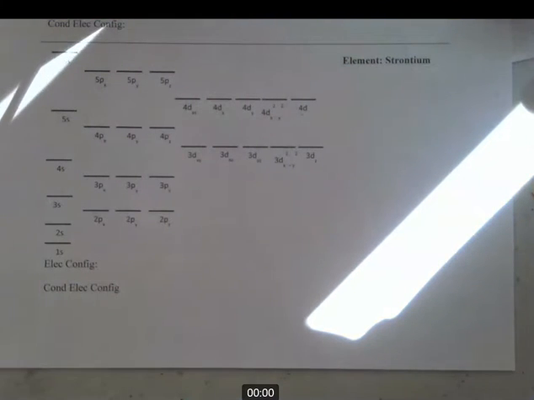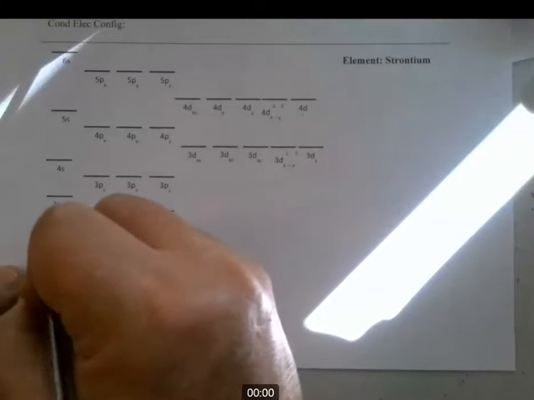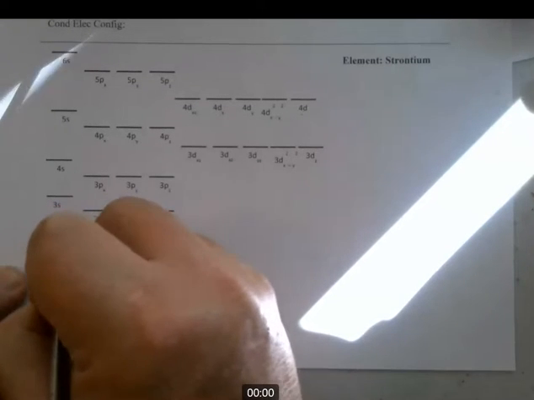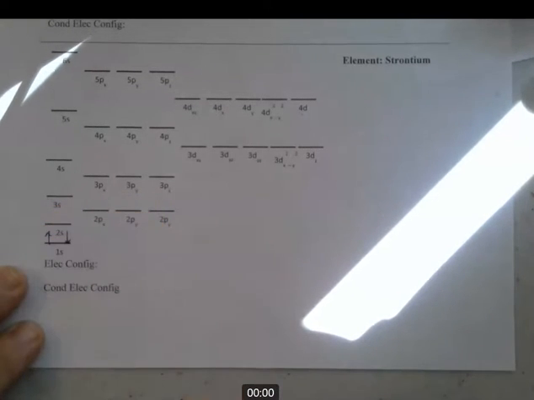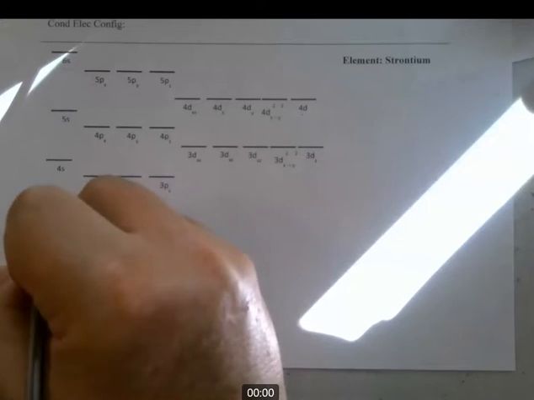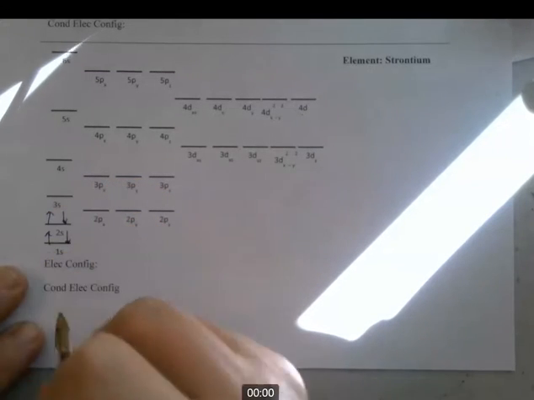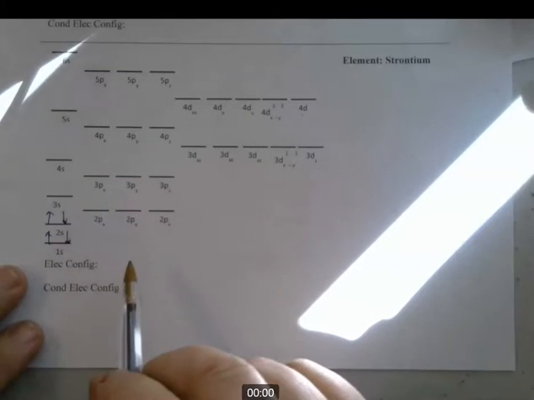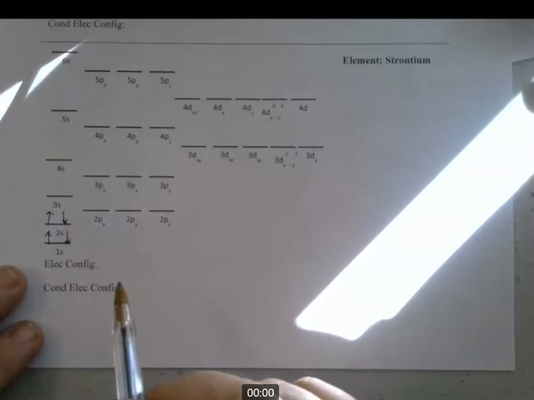That means everything below the 5th row is going to be filled. So we just start off and we put 1s there, 1s there. Then we go to 2s, up arrow, down arrow. And then I would recommend you get in the habit of filling these in proper order just to make it a habit.